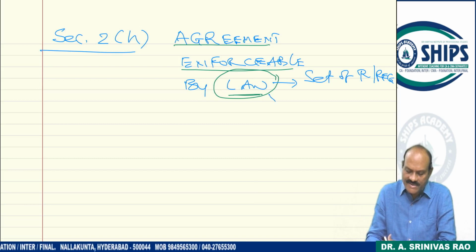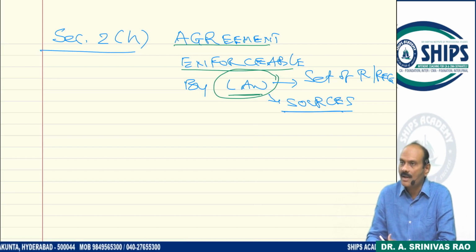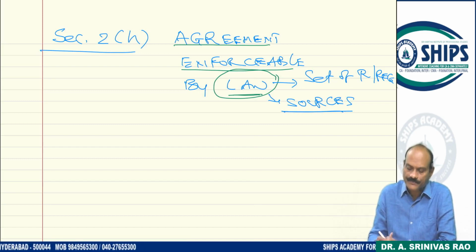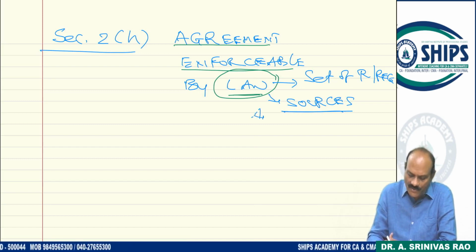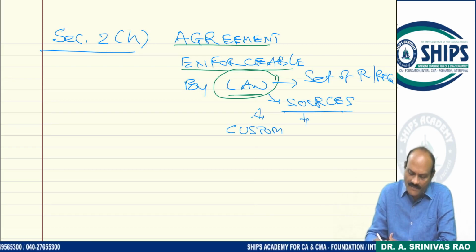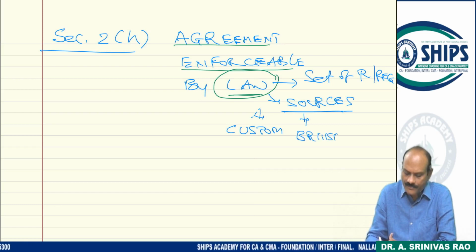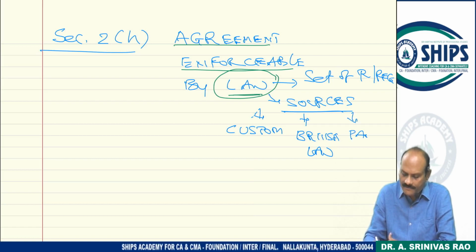What are the sources of law? How did law develop in India? The major source for the development of law is custom. The second major source is British law, English law in simple terms. The third one is Parliament.